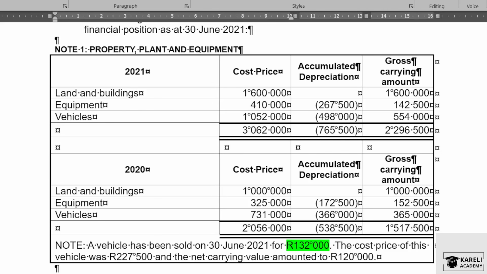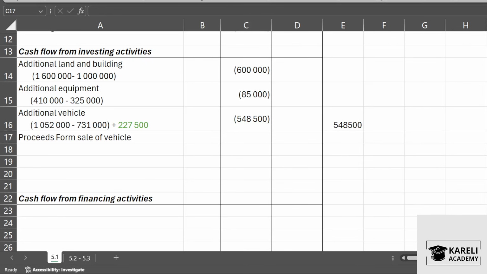We sold that vehicle for 132,000. I had highlighted it. Do you see that? Therefore, we should have that 132,000 as it is. And now the proceeds should not be in brackets.